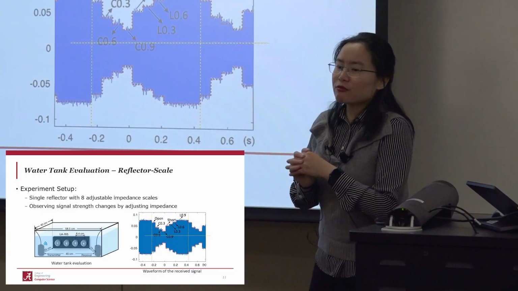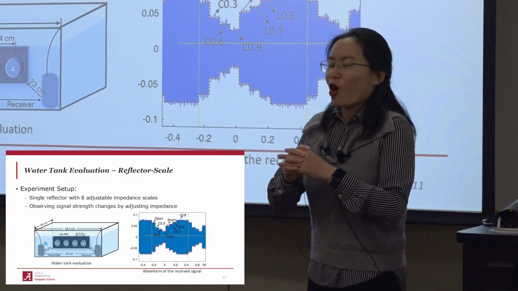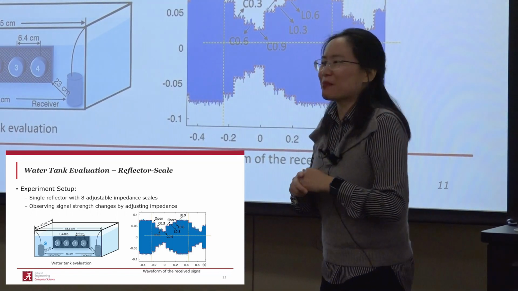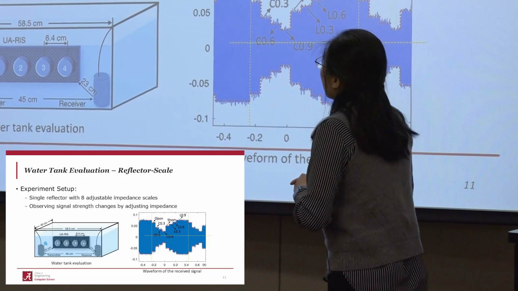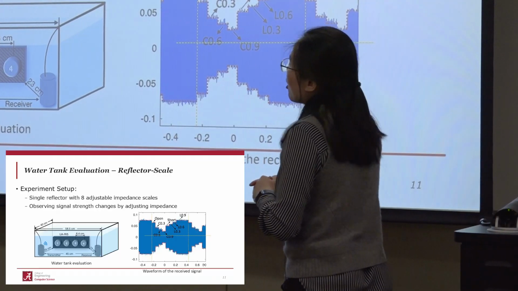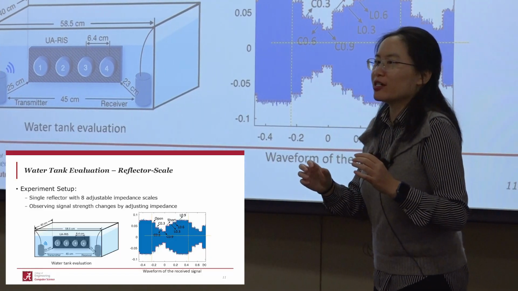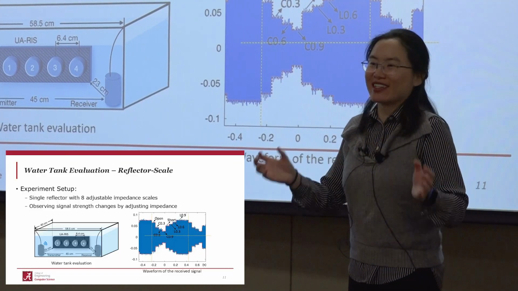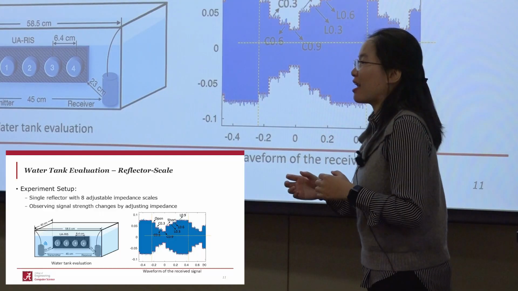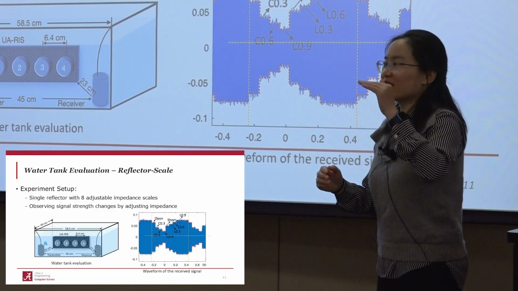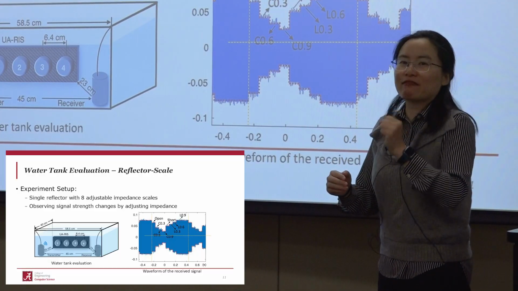In order to validate whether our UARS works, we did some experiments. For the water tank evaluation, our primary goal is to test whether our reflector works as we intended. We want to be able to precisely control the reflected signal of those reflectors.